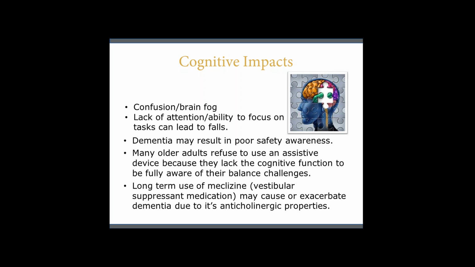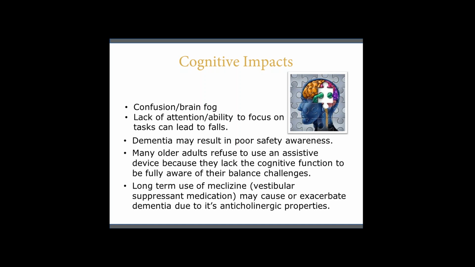But long-term, if we have all these older adults with undiagnosed and untreated vestibular problems who are just being medicated with the meclizine to reduce their symptoms, they're still going to be having balance problems and gait problems because the BPPV hasn't been treated and assessed. But they're also potentially going to develop long-term irreversible cognitive side effects from the use of that vestibular suppressant medication. And those are called anticholinergic effects, and they are cumulative over time.